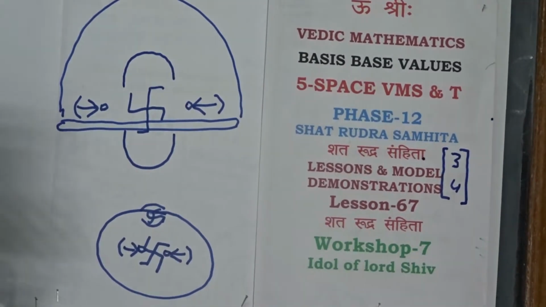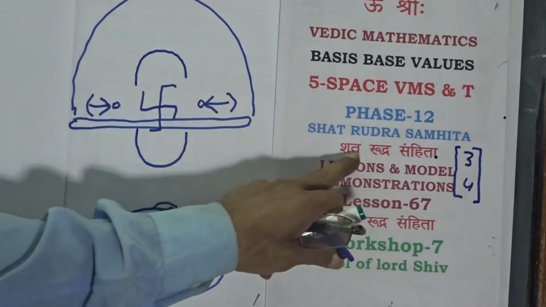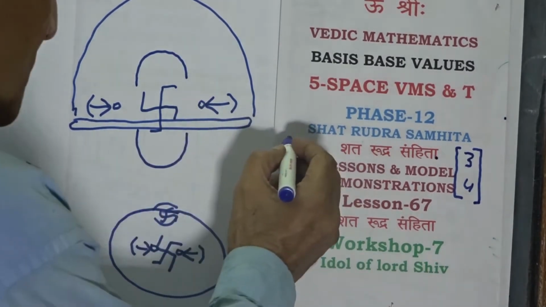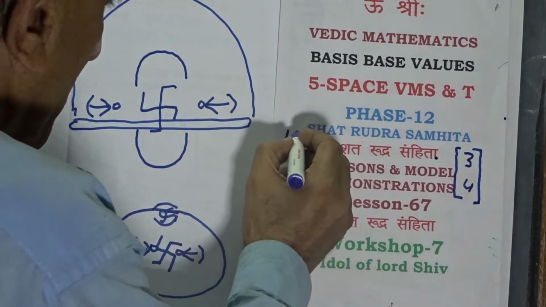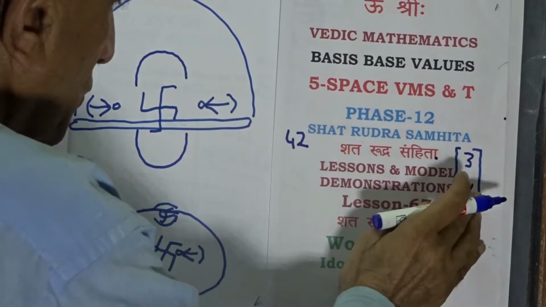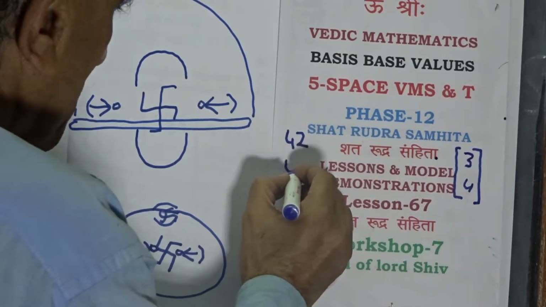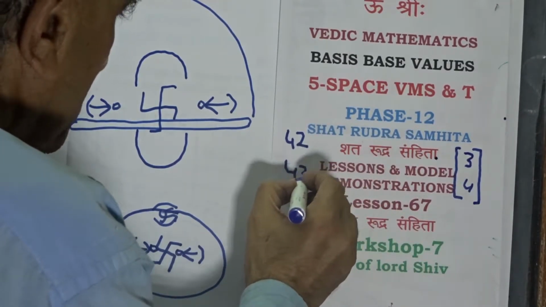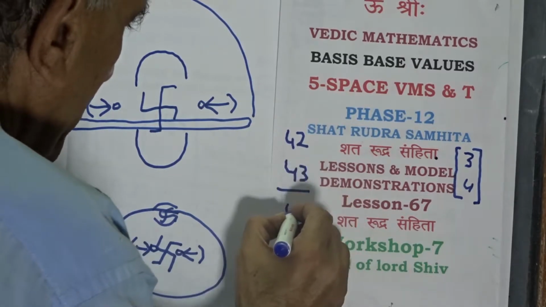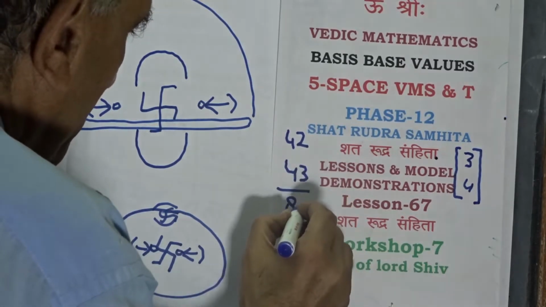Shatrudra Samhita is a scripture of 42 adhyayas and Koti Rudra Samhita is a scripture of 43 adhyayas. These together make 85 adhyayas.